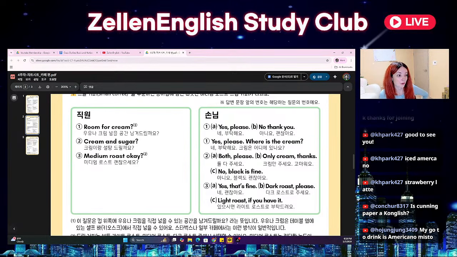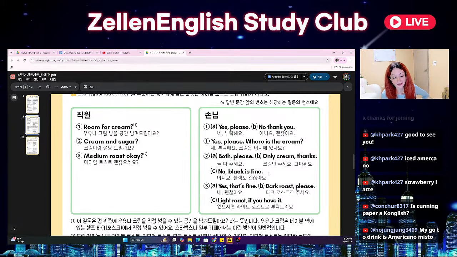Room for cream is pretty common, especially at Starbucks. Cream and sugar is the same thing. You say yes, you say no, you could say only cream, and they'll typically tell you where it is, or you can ask. Both, please. Only cream, thanks. Or if you don't want anything, you just say black.